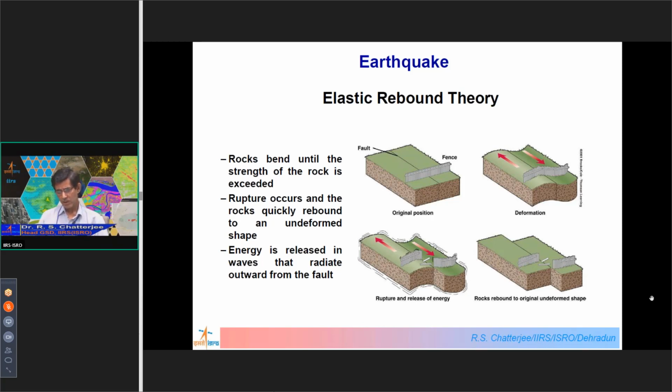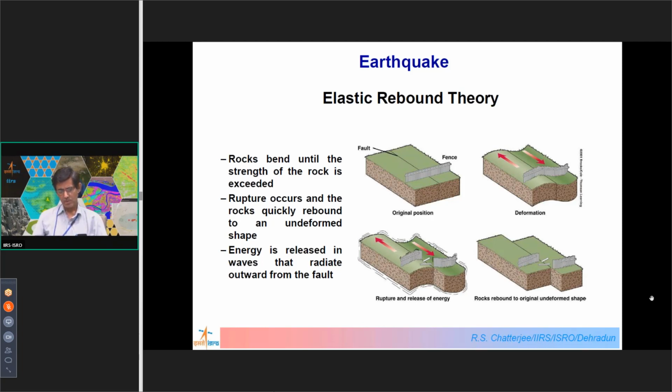The rocks get deformed, which you can see in the fence as well, and the fence gets curved. Finally, when the rocks reach the yield strength, the rocks rupture, and you see at that particular position the rock is still strained, but after this rupture it breaks into two blocks, the left side and right side blocks. These two blocks get displaced, and it is a kind of strike slip fault.